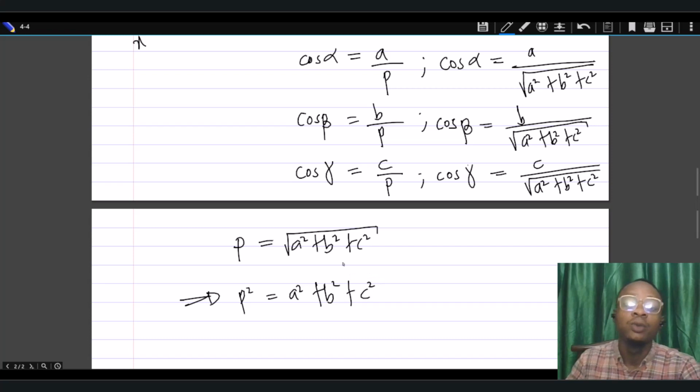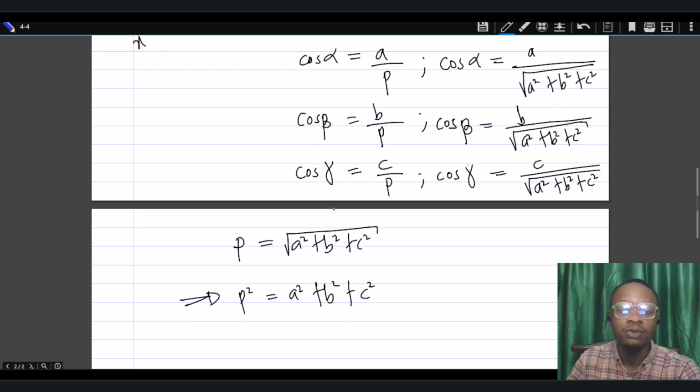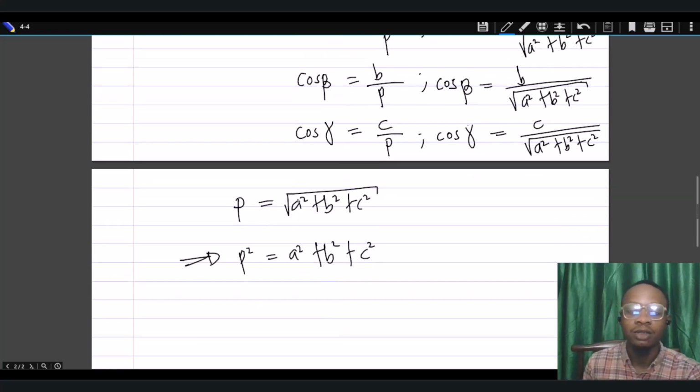We also know that if we make a the subject, a will be equal to p cos alpha, b will be equal to p cos beta, and c will be equal to p cos gamma. So we can make that substitution here.